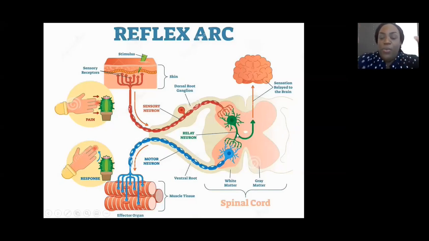When we talk about the action itself, the reaction, the impulse will travel through your spinal cord to bring about that automatic reaction. Now, why does it go to the brain? Well, if you want to make further decisions about whatever you are doing, say you are in fight or flight mode and you just run.